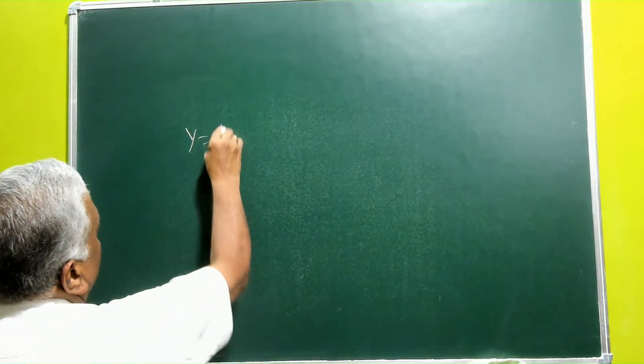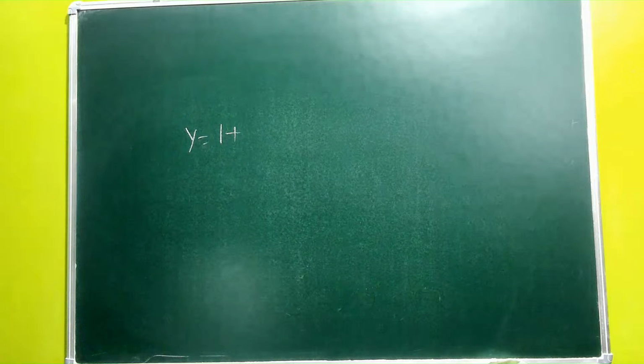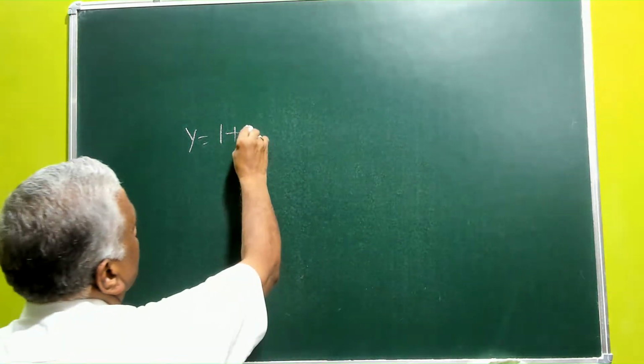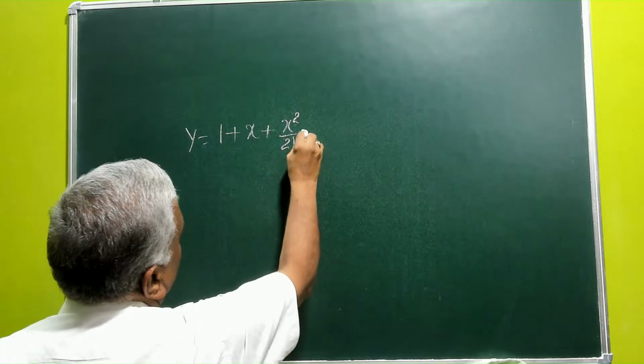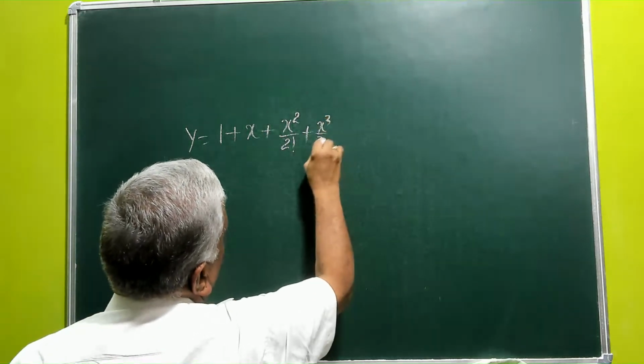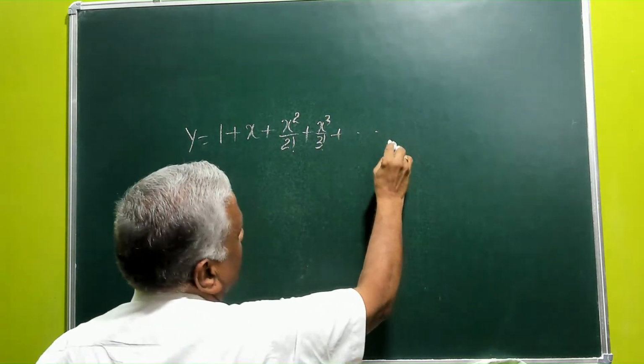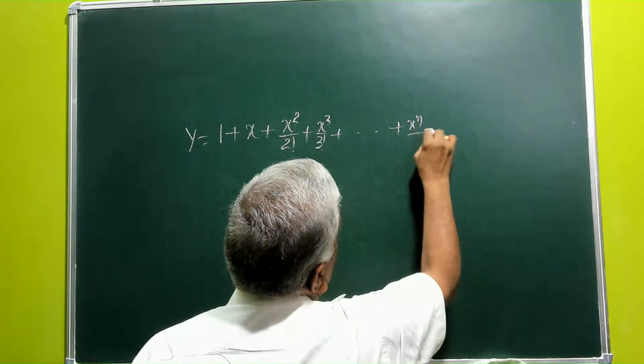Next problem. Y is equal to 1 plus x plus x square over 2 factorial plus x cube over 3 factorial plus etc., x to the power of n over n factorial.